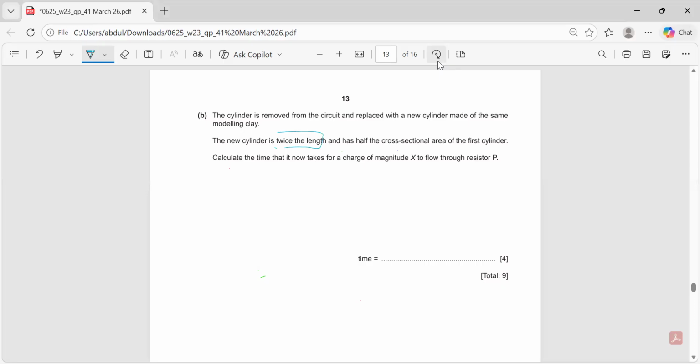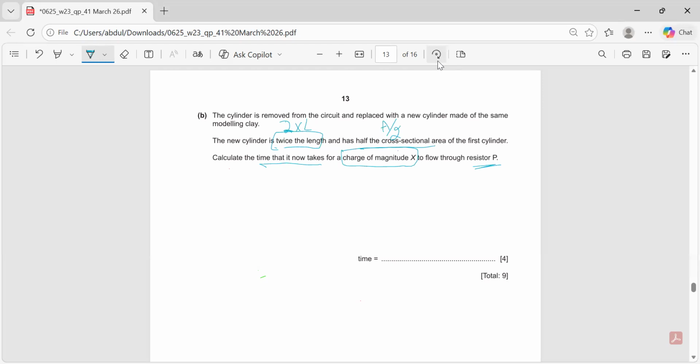Now see, this is the change in dimension, twice the length, and it has half the cross-sectional area of the first cylinder. Calculate the time it now takes for a charge of magnitude x to flow through resistor P.